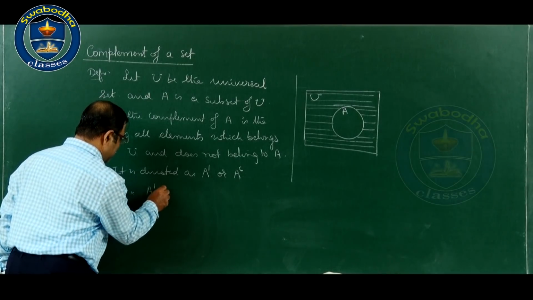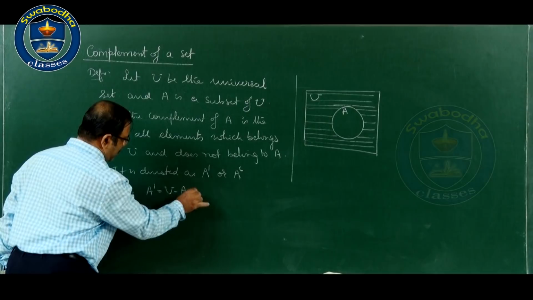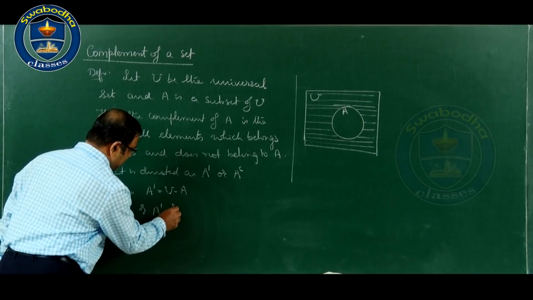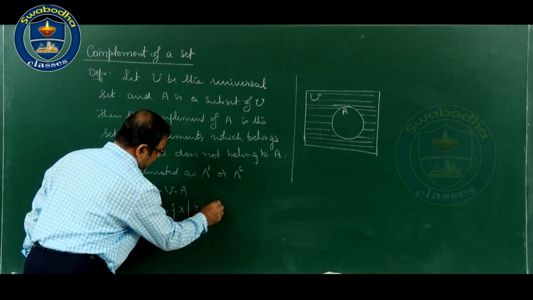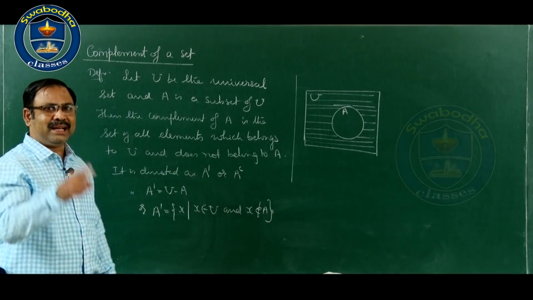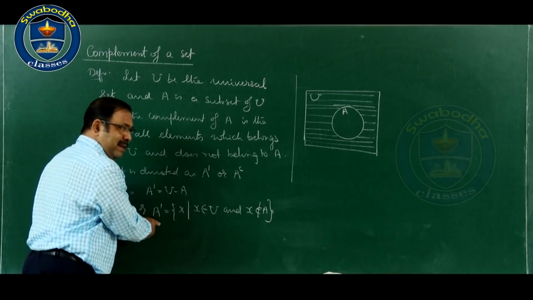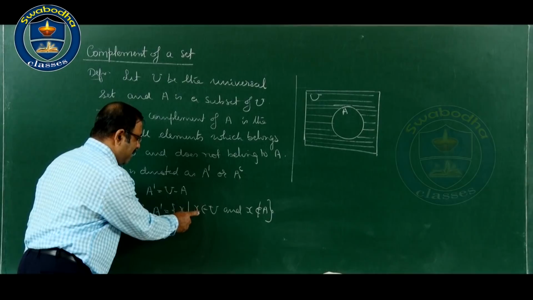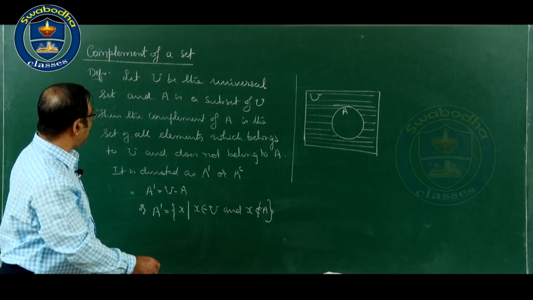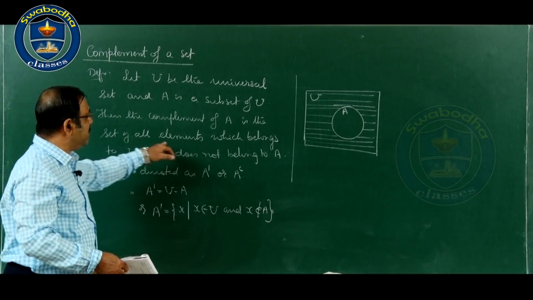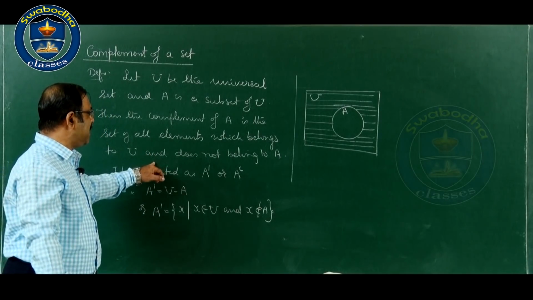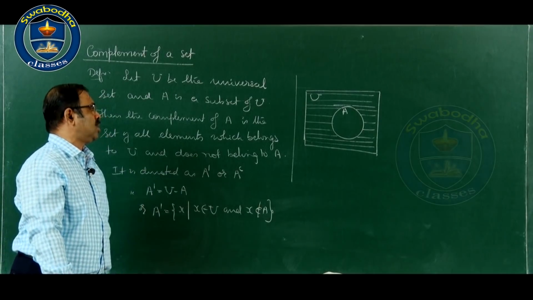A dash is actually U minus A, or A dash is the set of all x such that x belongs to U and x does not belong to A. So, the complement of the set A is the set of all elements which belong to U and do not belong to A.